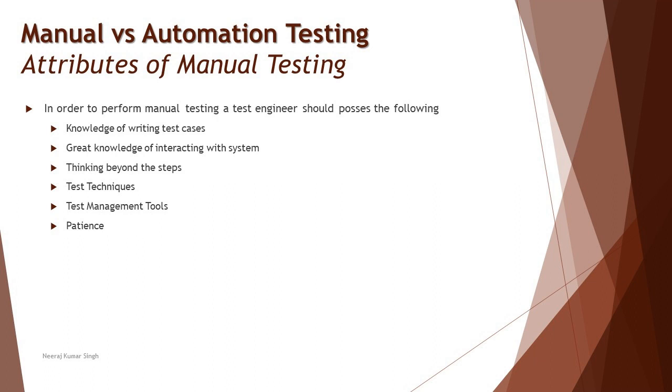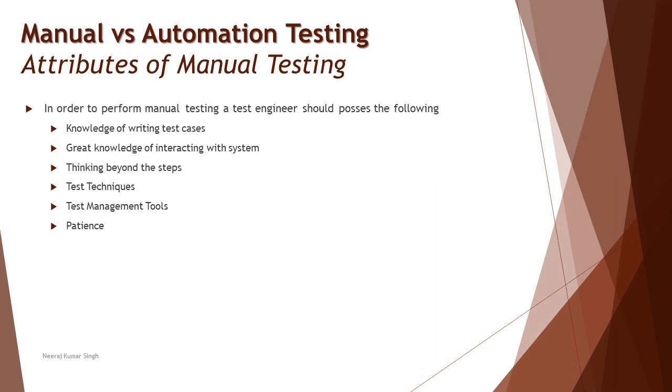Being a manual tester, you are not limited to only your test cases. You will be a part of certain specific test tools which you will be using to manage your resources. So some of the test management tools will exist in your process and you will need to use them by documenting your information. And at the same time, don't forget, given that it takes a little bit longer than automation, patience is the most important thing which a manual test engineer needs to possess for sure.